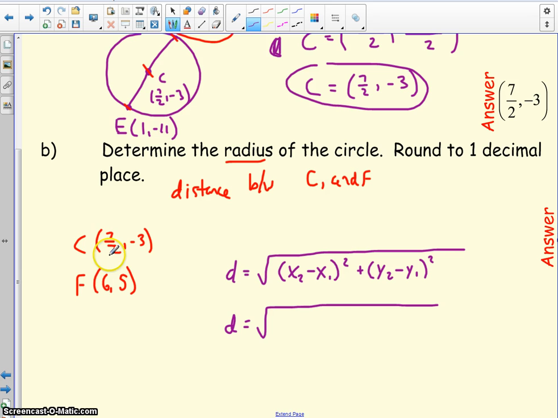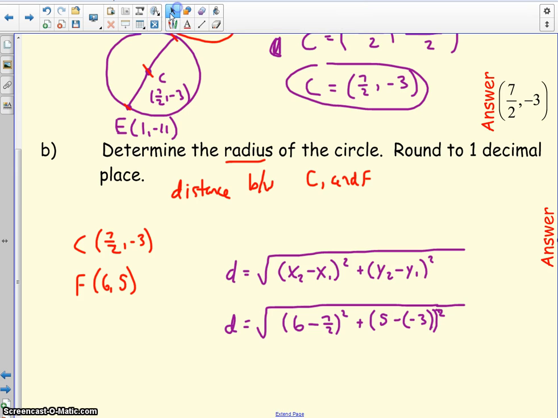So looking at my x values here, I'm going to have 6 minus 7 over 2, all squared, and then 5 minus negative 3, squared. And again, the order in which I subtract them doesn't actually matter because the distance is going to be squared afterwards anyways, but you should try to be consistent here. So if I'm choosing F to be my second point, x2 and y2, just make sure C is x1, y1.